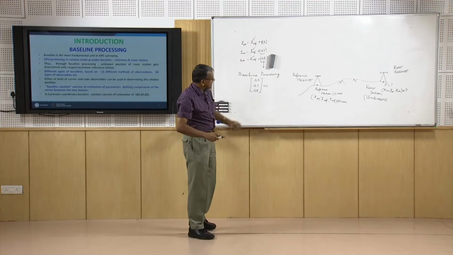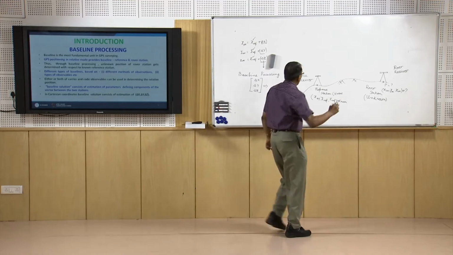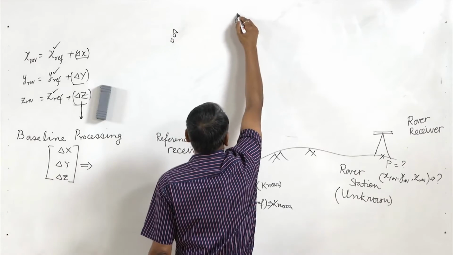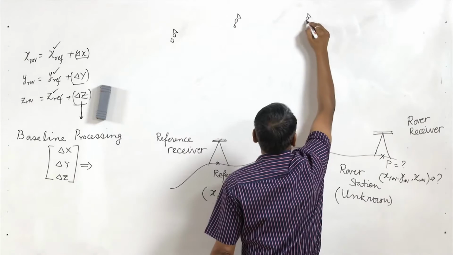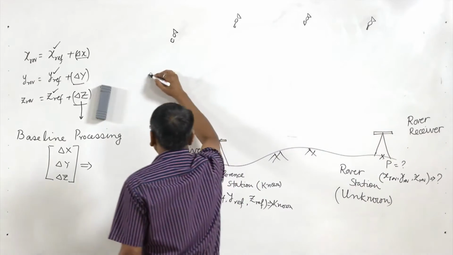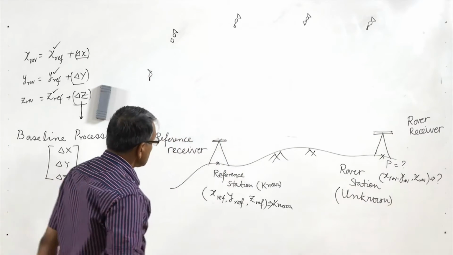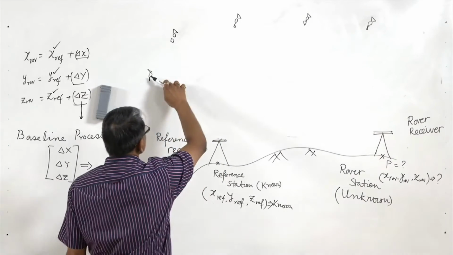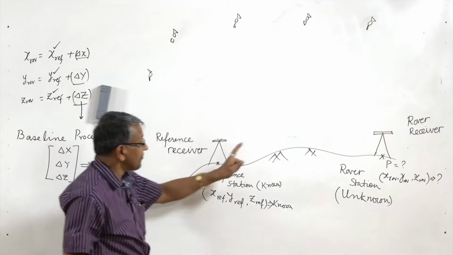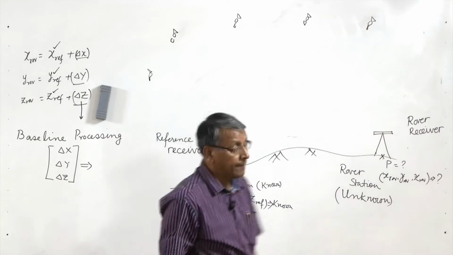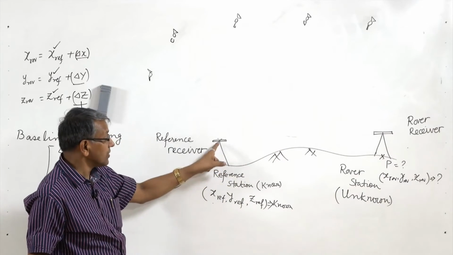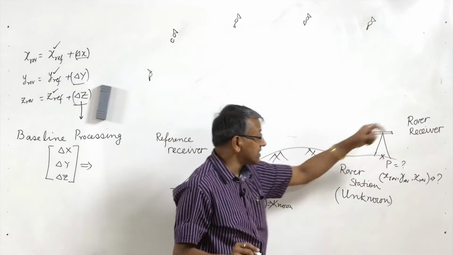Now, what happens in relative positioning? The signals from a number of satellites, suppose these are the satellites, there may be n or m numbers of satellites, and suppose all these satellites are visible from both the reference and the rover station. That means signals from all these satellites are arriving at both the reference and rover stations.